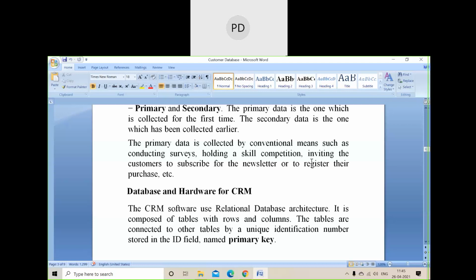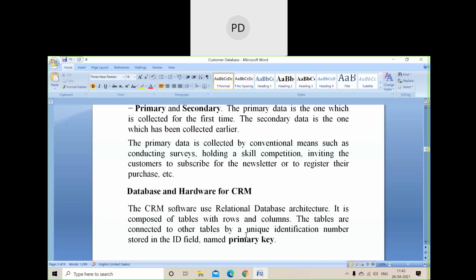Okay, so remember this, in CRM we are basically having tables for each and every data. In that table, rows and columns will be there, and each table will be connected to another table with a unique number.